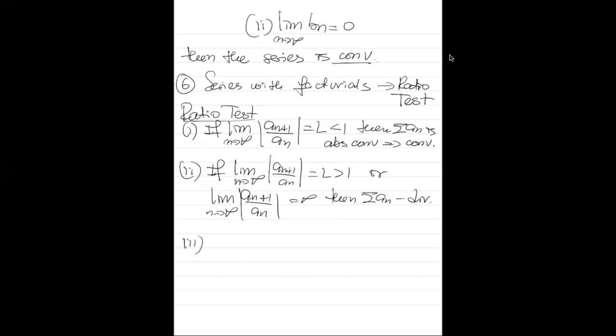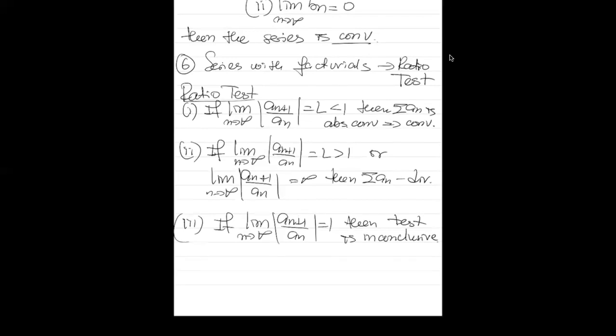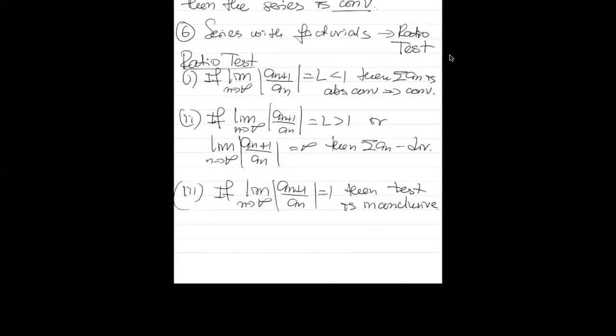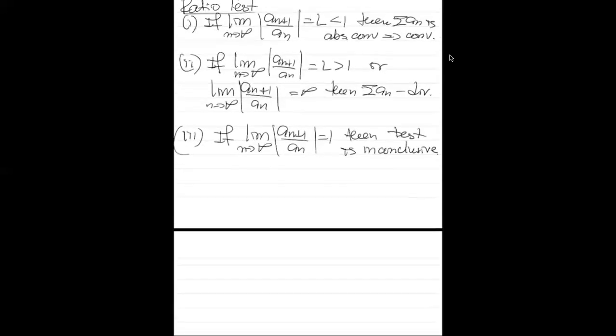And third case, if that limit is exactly 1, then the test is inconclusive. That means you have to use another test. The series can be divergent or convergent.